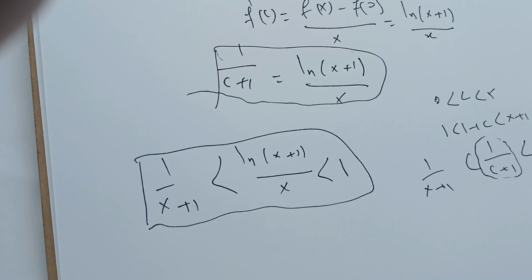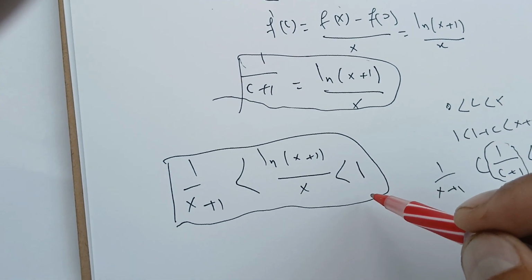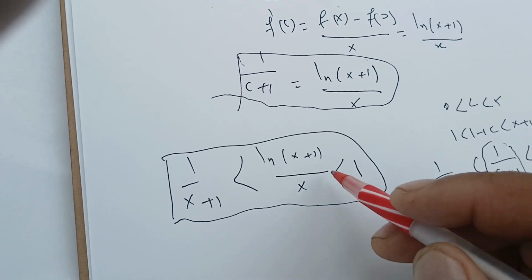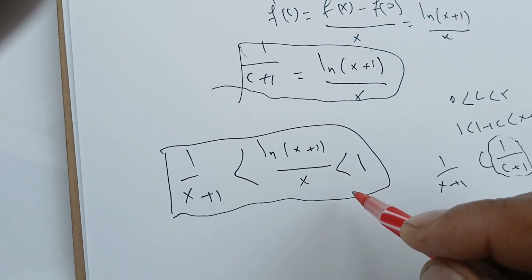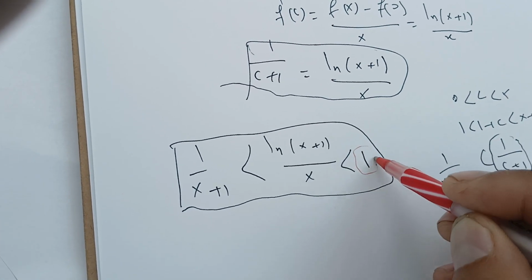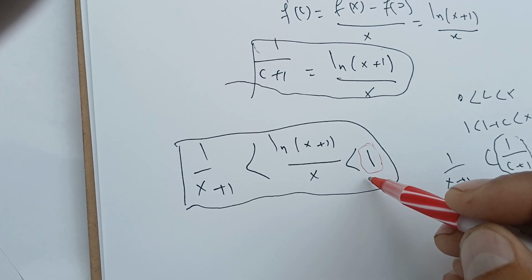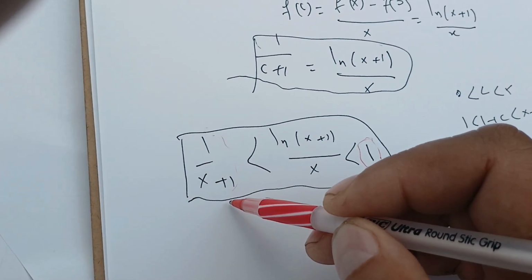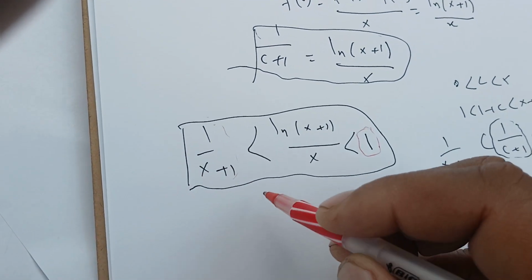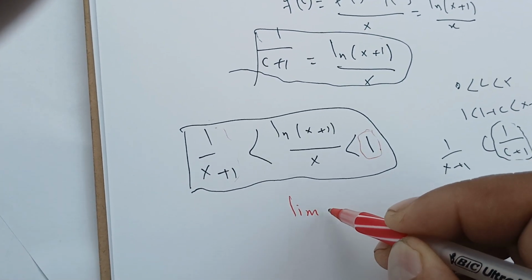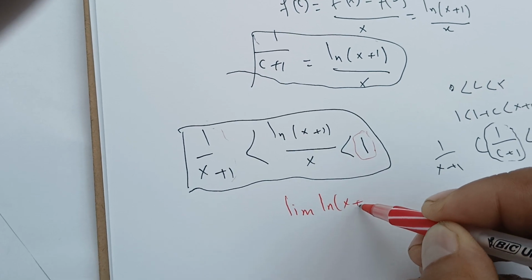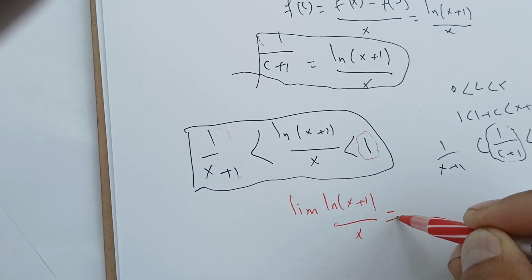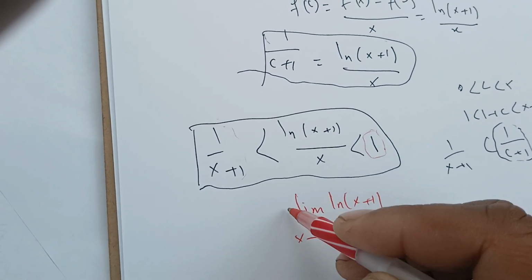Okay. So now we get our result here. So now we take the limit. The limit of 1 when x goes to 0 is always 1. The limit of 1 over x plus 1 when x goes to 0 is 1. So that means this limit of ln(x+1) over x is 1 as x goes to 0.